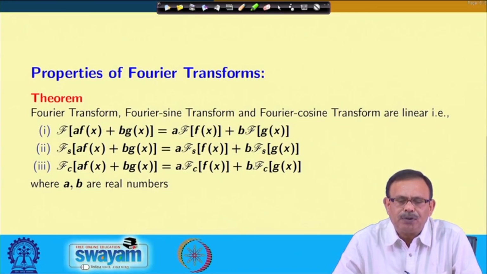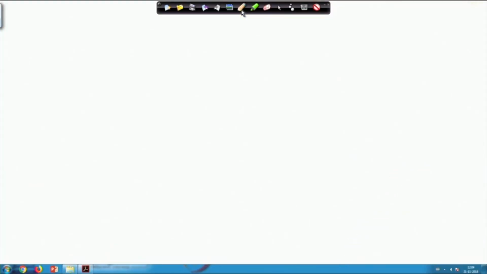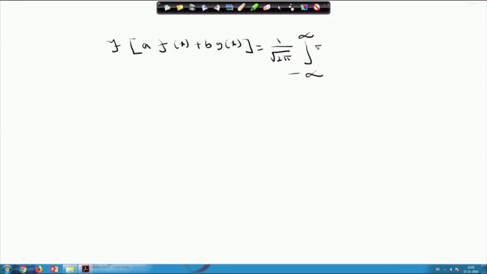Let us take up the proofs one after another. Let us take the first proof, that is, Fourier transform of a f x plus b g x. From the definition of Fourier transform, I can write this as 1 by root 2 pi, integral from minus infinity to infinity of a f x plus b g x into e power I alpha x dx.